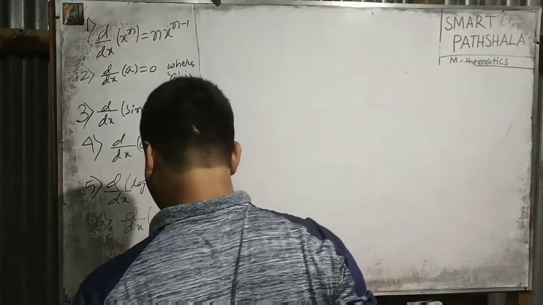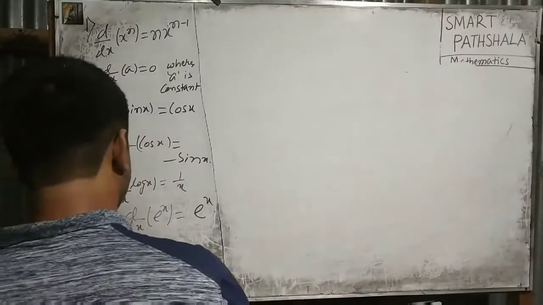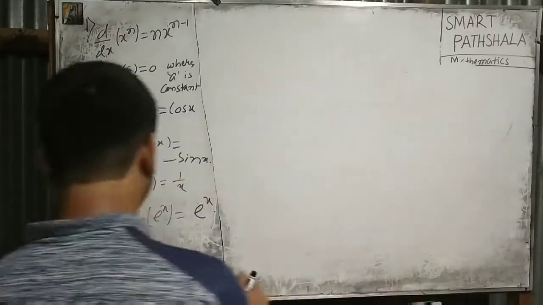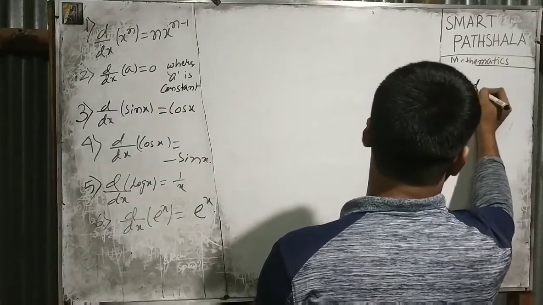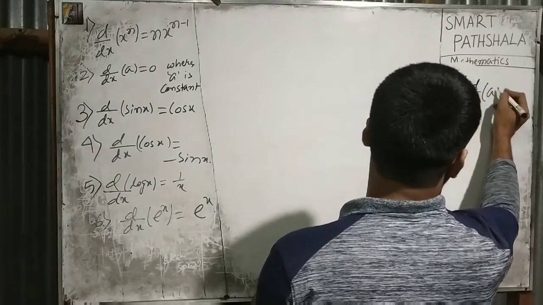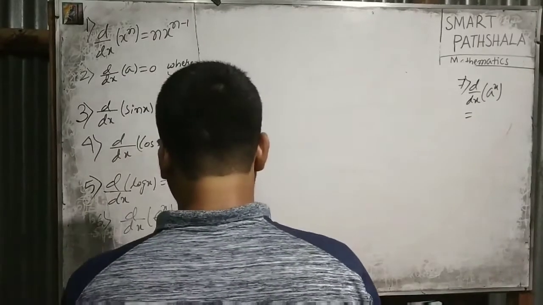Now, we have got another formula, right? Now it's time for another formula. Suppose number 7, d/dx of a to the power x. Okay, we'll derive this formula.